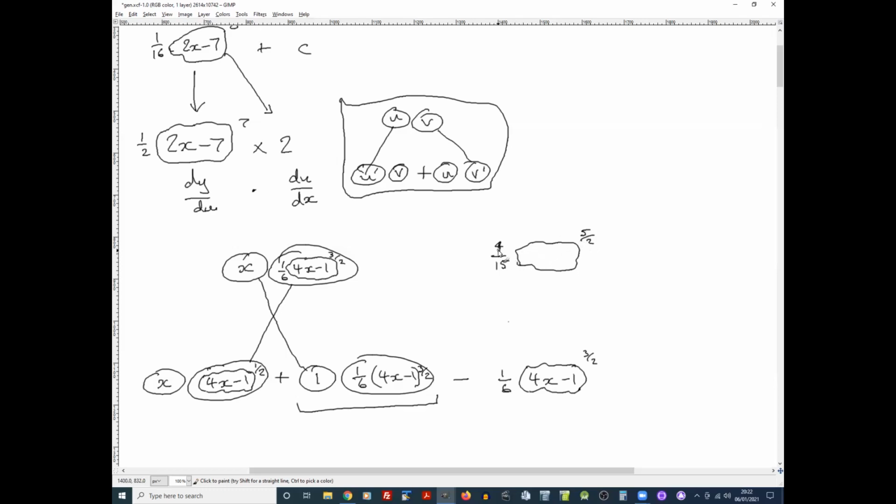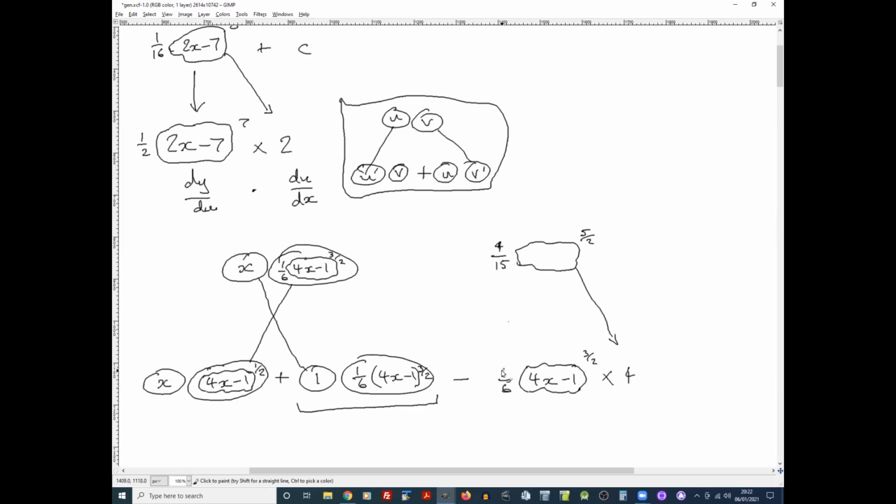5/2 times 4/15 would be 20/30, which is 2/3. So you'd have 2/3 there, and then after multiplying by 4 you'd have 8/3 in the end, wouldn't you?